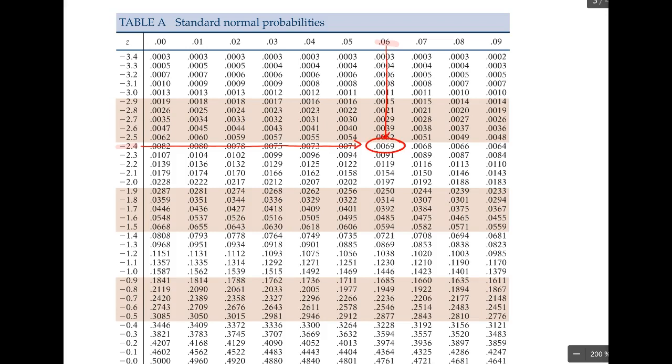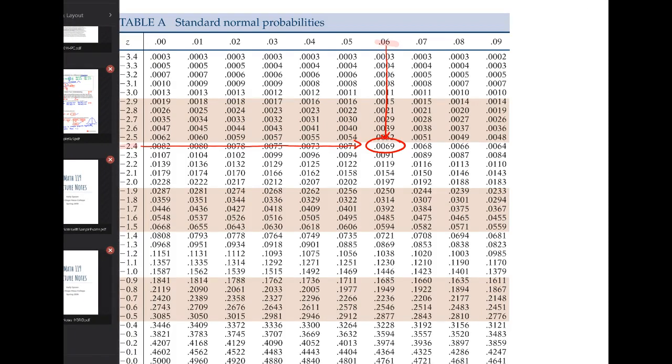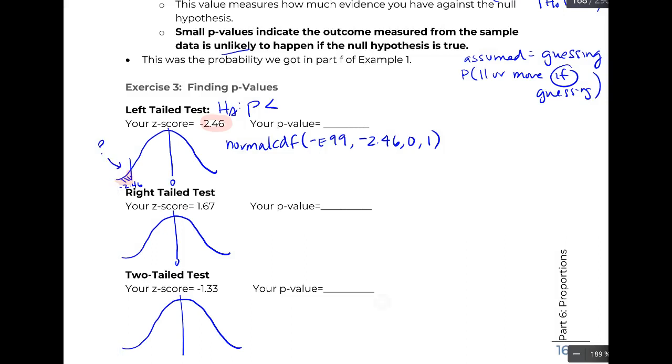That's a lot quicker than writing a bunch of stuff into my calculator, especially because we will have this on the test. So there's our p-value, 0.0069. So a very small probability, which makes sense because we were dealing with a z-score that was very unusual.